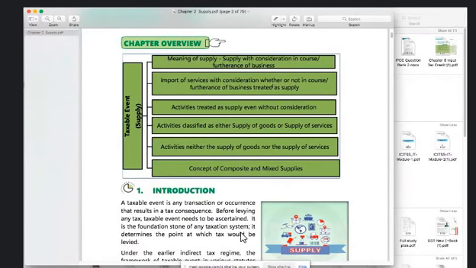Schedule 2 is the classification as either supply of goods or supply of services. Schedule 3 is neither supply of goods nor supply of services. Next is the concept of composite and mixed supply. We have seen this in Chapter 2.